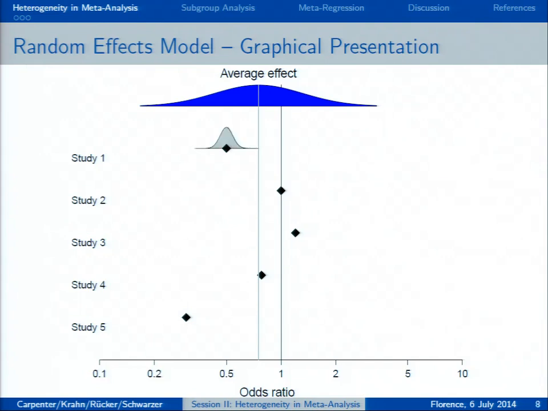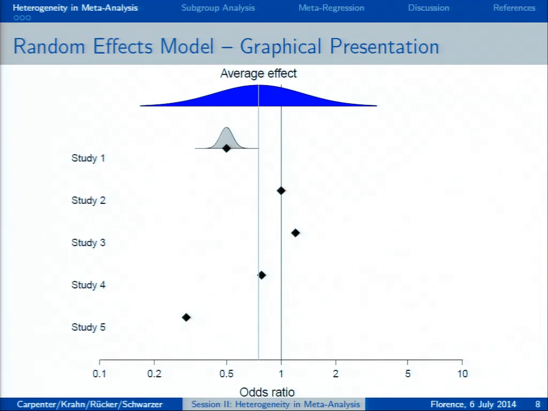And then we're going to do study 1, and because we do study 1, we get an estimate of the true effect of studies of this type, and that itself has variability because we've only included a finite sample in study 1, and so that then gives us our theta hat k.